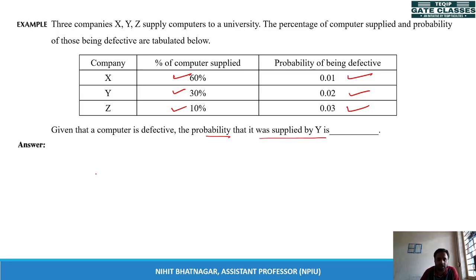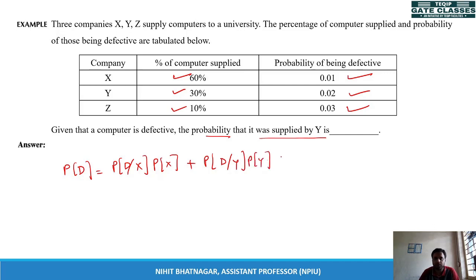So you can see here the probability of getting a defective item equals the probability of a defective item if it comes from company X times the probability of selection of company X, plus similarly the probability of getting a defective item from company Y times the probability of selection of company Y, plus the probability of a defective item coming from company Z and the probability of selection of company Z.